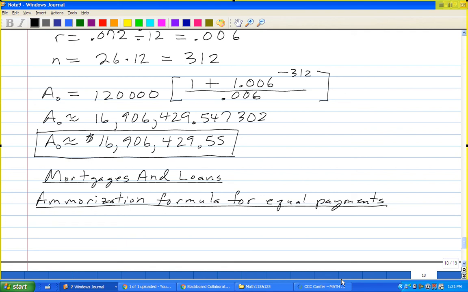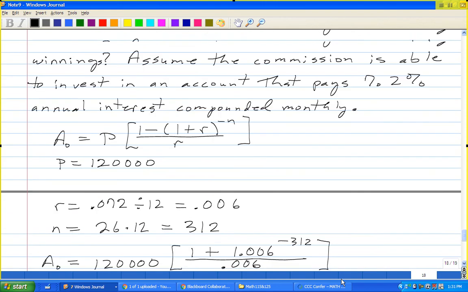So maybe you pay $500 every month for this car, or maybe you were purchasing a house, and you pay $2,000 every month for the house. And so the question is, how do they figure out how much you should pay every month? Let's use the amortization formula. You just solve this equation here for P.